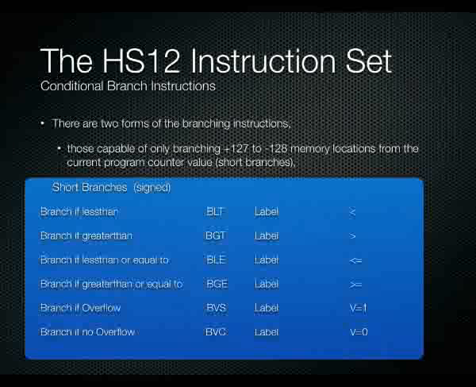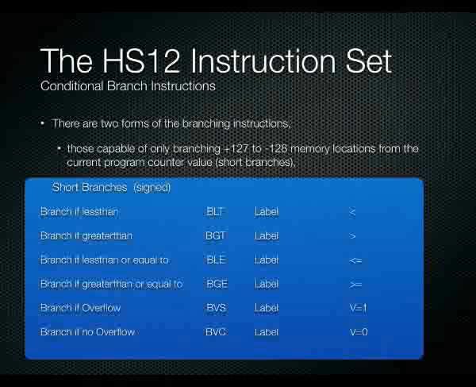Okay, so when it comes to doing short branches, signed short branches, we can branch if less than, so we use a BLT command. So the way that this table is set up is I have basically what the instruction does, a branch if less than, I have the mnemonic, BLT, and its operand, which in this case is a label, and then a symbol on the end which defines what sort of logical operator we're effectively using with that instruction.